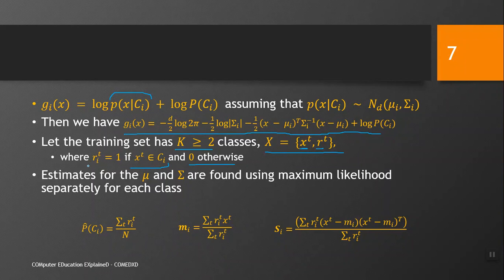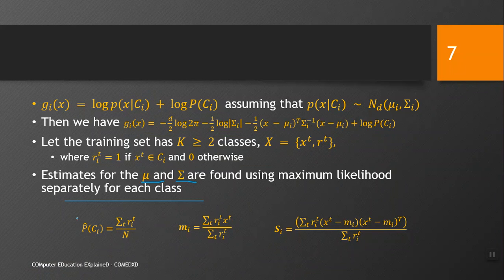It is the same thing that we have seen in the previous slides. We have defined this function ourselves, so that the value of r_i in our data set would be 1 if the customer buys a car of type i, otherwise it would be 0. The estimates for these two parameters are found using maximum likelihood separately for each class.